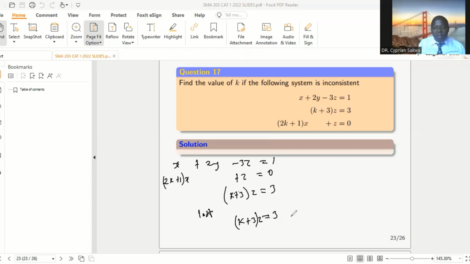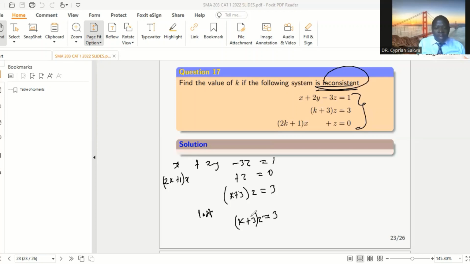That's what we want: the value of k so that this system has no solution, is inconsistent. If the value on the left side is 0 and the value on the right side is non-zero, just as I explained in the first question, this system would be inconsistent.